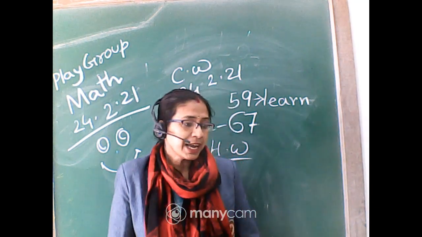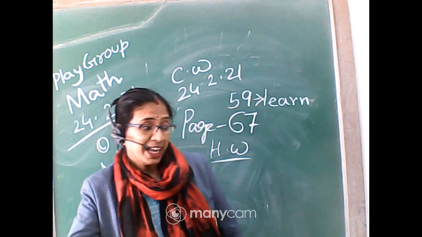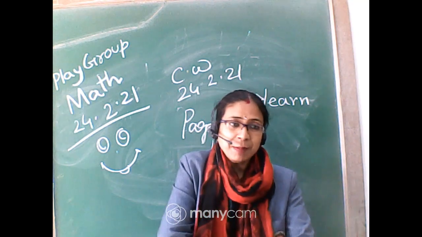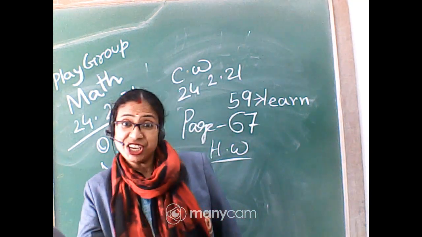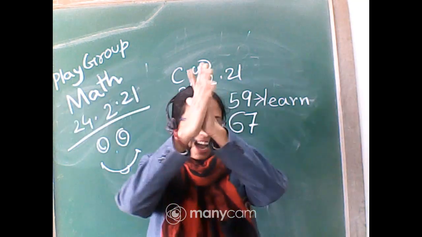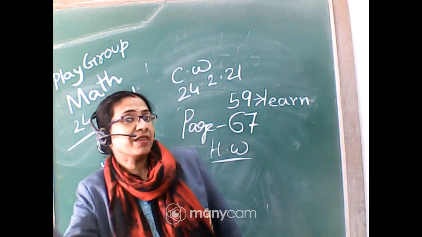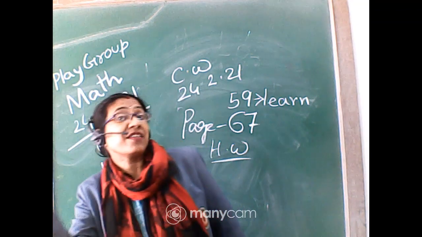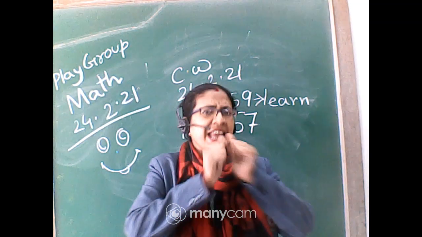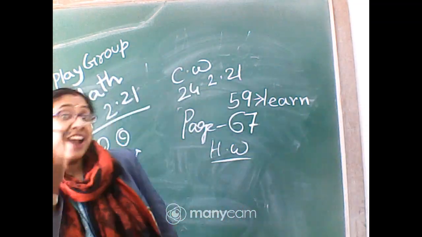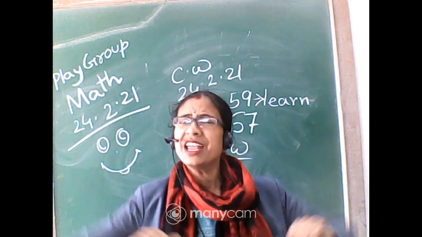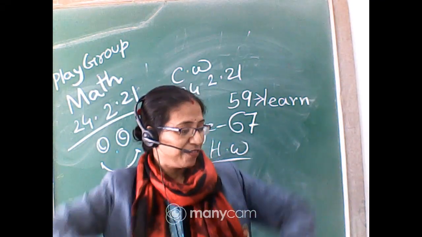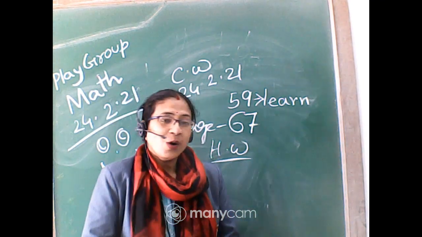So let's start. Last one. 1, 2. Buckle my shoes. 3, 4. Shut the door. 5, 6. Pick up the sticks. 7, 8. Lay them straight. 9, 10. A big fat hen. Okay?